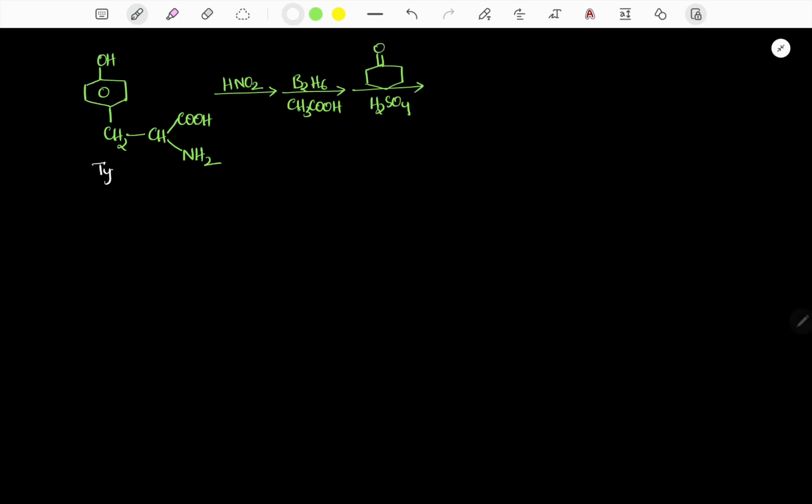The reactant is tyrosine. So tyrosine is treated with HNO2. Tyrosine is an alpha amino acid. When an alpha amino acid is treated with HNO2, we know that the NH2 group is there.